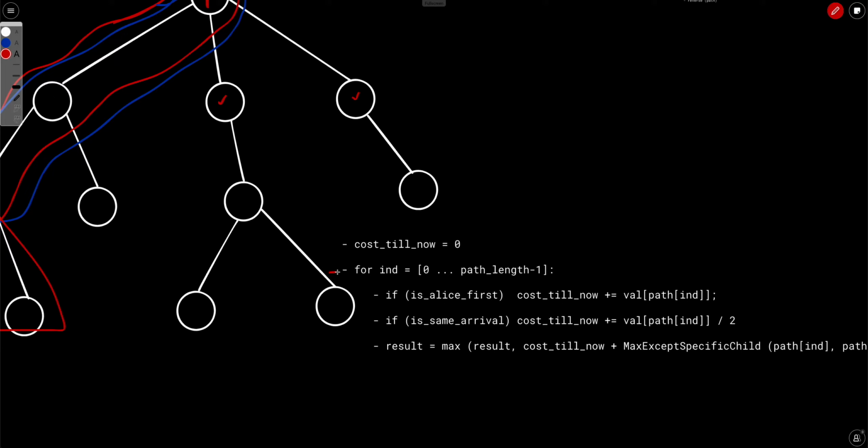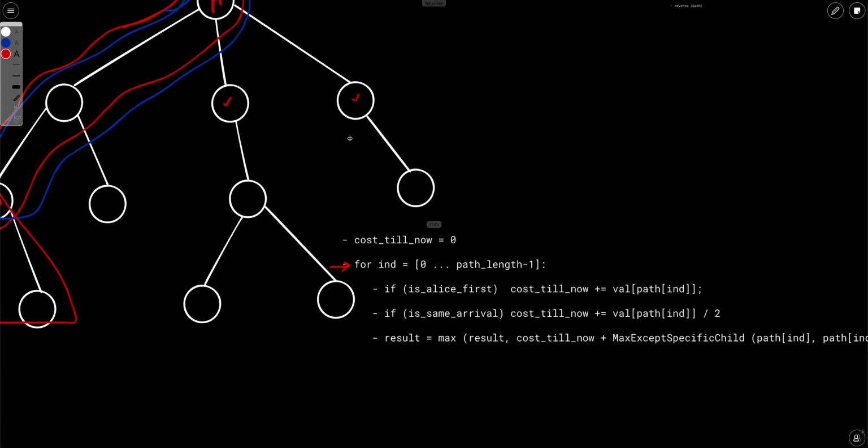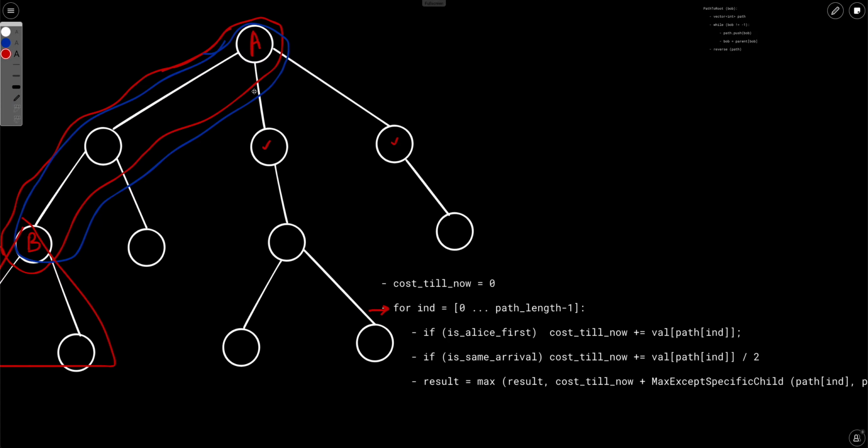So we just explore all those possibilities. Now remember, there were three more conditions in the problem. If at a node Alice visited first, then Alice will get all the points. If at a node Bob visited first, Bob will get all the points. If at a node they both visited at the same instant, they both get the points equally.